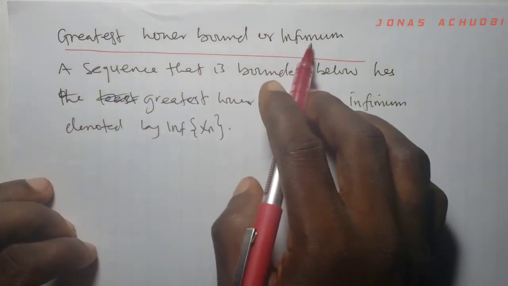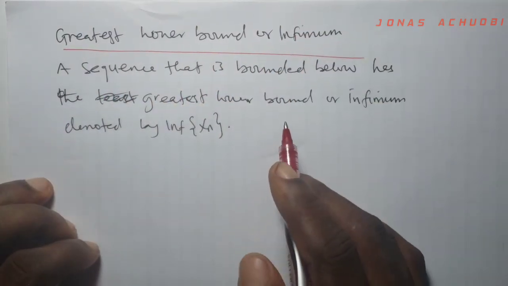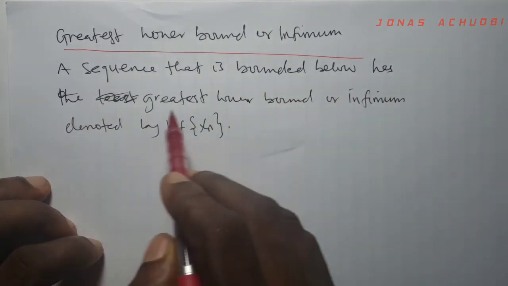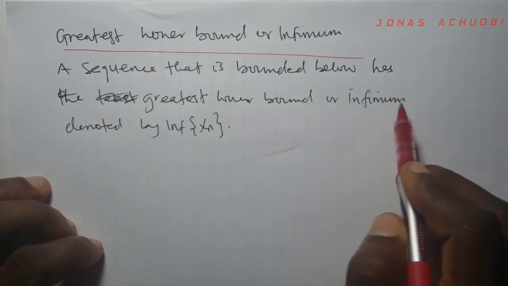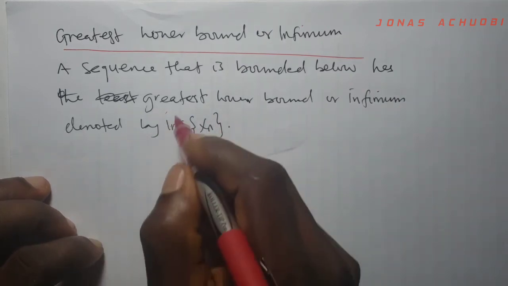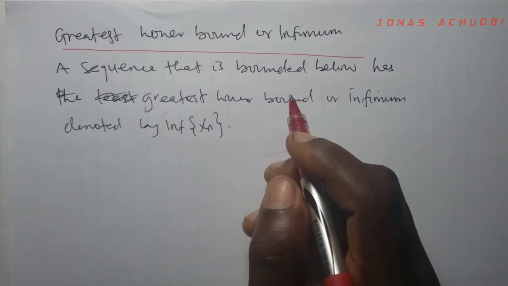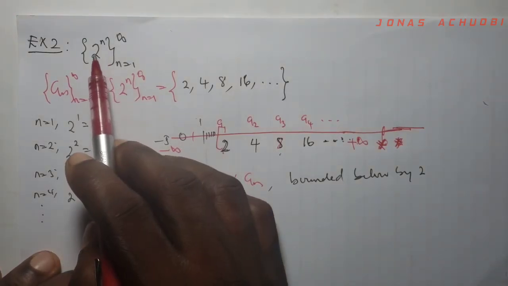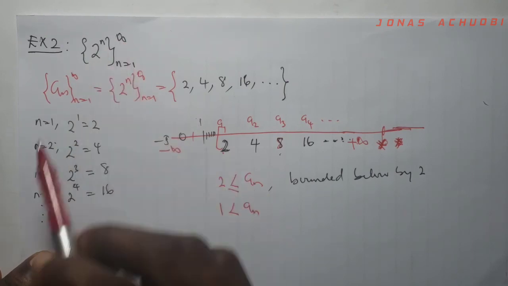Greatest lower bound, or infimum. A sequence that is bounded below has the greatest lower bound, or infimum, denoted by inf of xn. So we explain with an example. Back to example 2, where we had the sequence 2 raised to the power n, n from 1 to infinity.